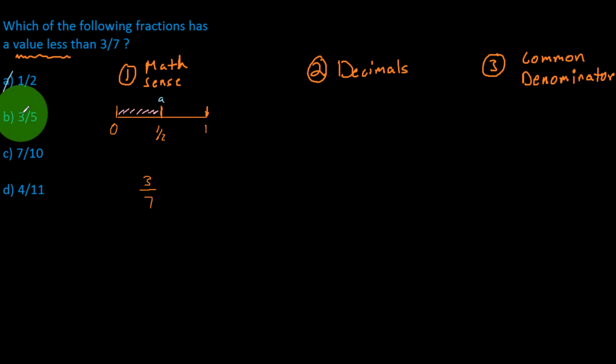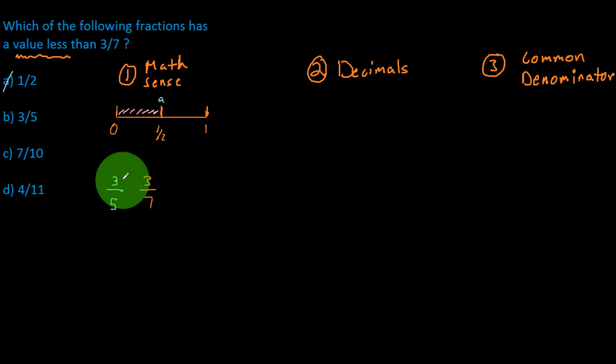Okay, from here, let's move on to 3/5. I'm just going to think to myself, well, the numerator 3 here is the same value as the 3 here. So I'm going to write 3/5 down next to 3/7. So I have 3/5 and I have 3/7. Let's just compare these two values real quick. Since the numerators are the same, all I have to do is look at the value in the denominator. If the value in the denominator is larger, then it's going to produce a smaller number.